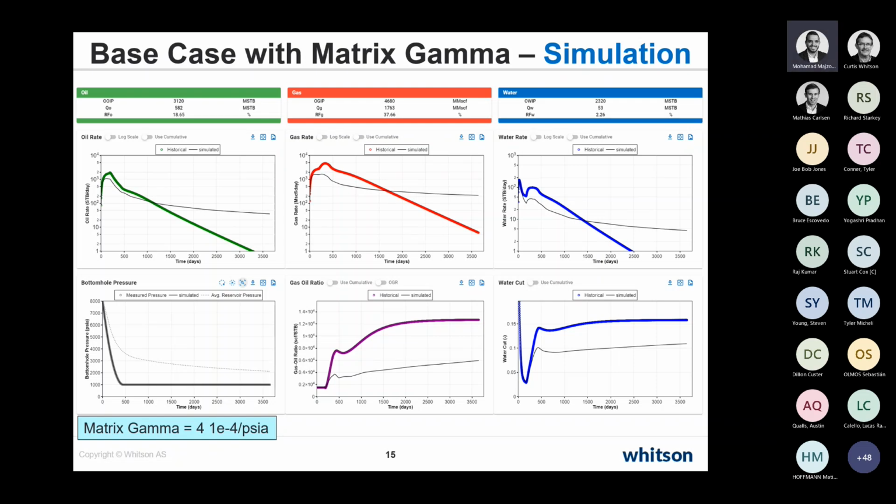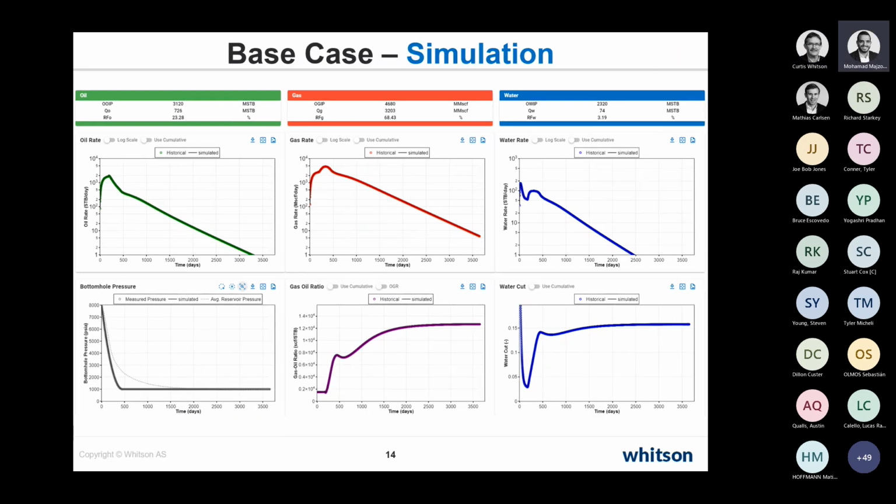Okay, so now this case where I include the matrix gamma. Can you just reiterate for clarity, Mo, the green curve and the black curve, which includes the gamma permeability pressure? Yeah, so the green curve is the base case that doesn't include the gamma.